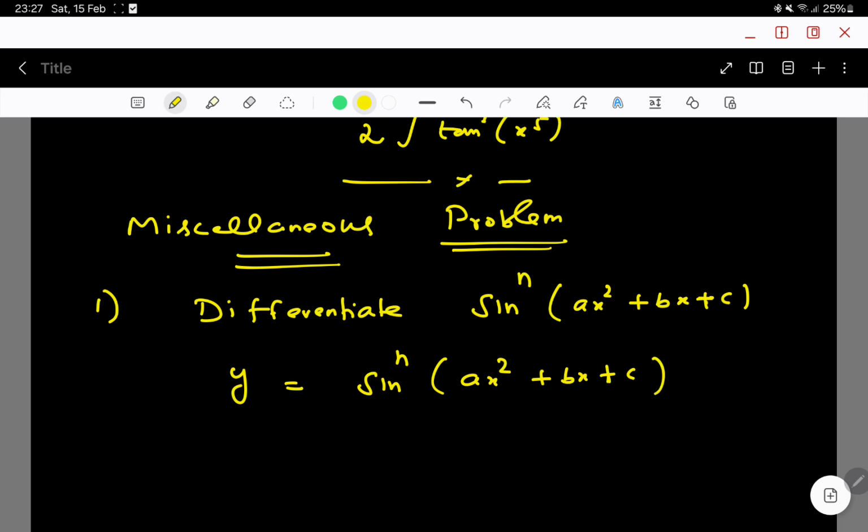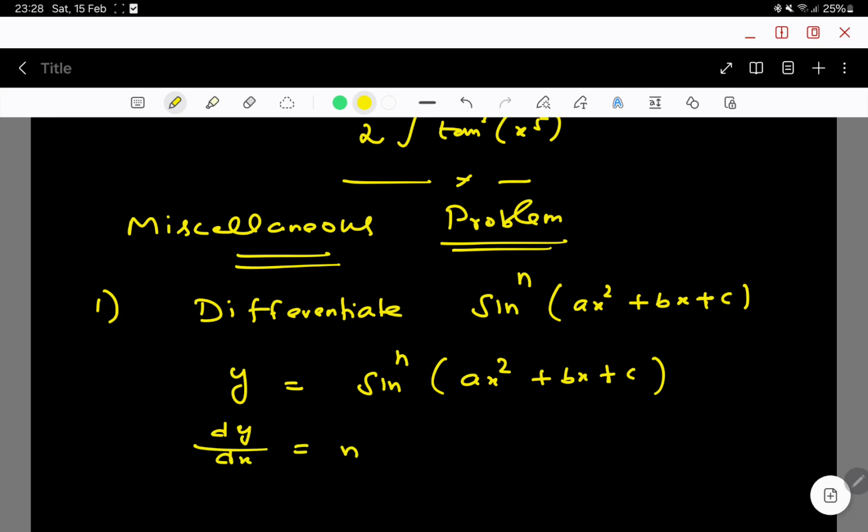To differentiate this, we apply the power rule. What is f of x? f of x is sine of ax square plus bx plus c. In the power rule, the base is always a function and the power is always a number. Here the power is n. Now follow the power rule.